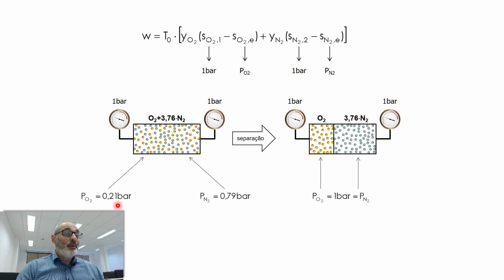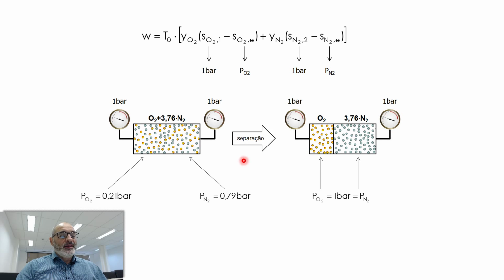That's the partial pressure of oxygen. And N2 is subjected to 0.79 bar, okay? And the temperature is the same for both gases. Do you have any problem with this, partial pressure, okay?